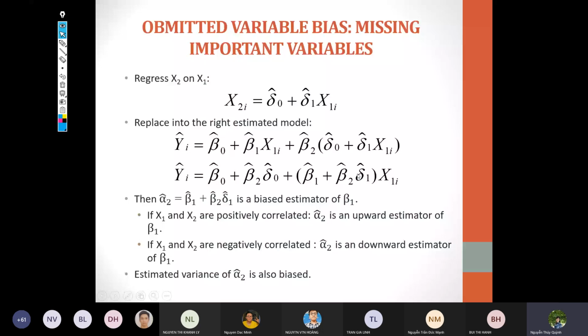So here we have the estimated model with one independent variable, x1.